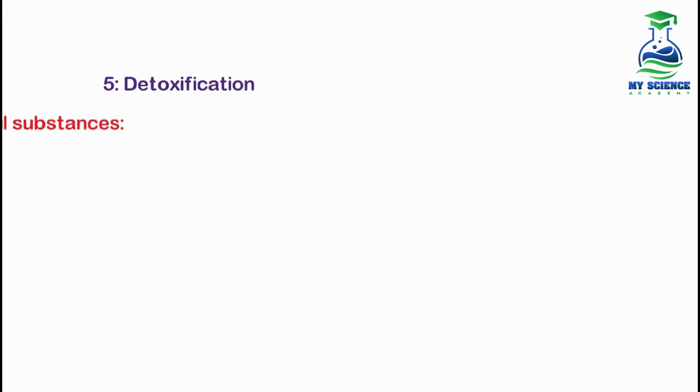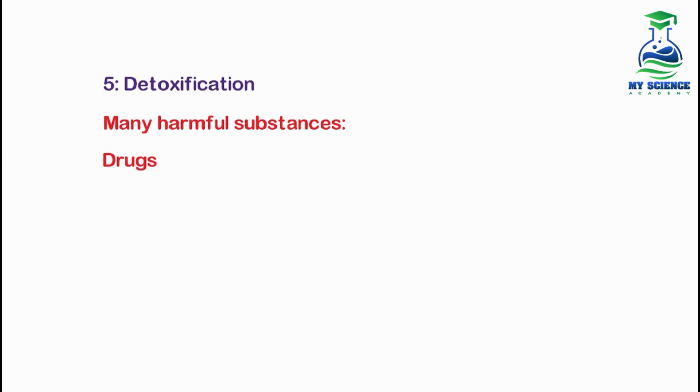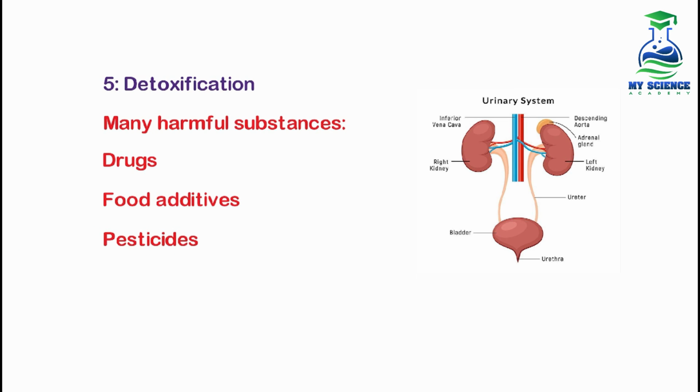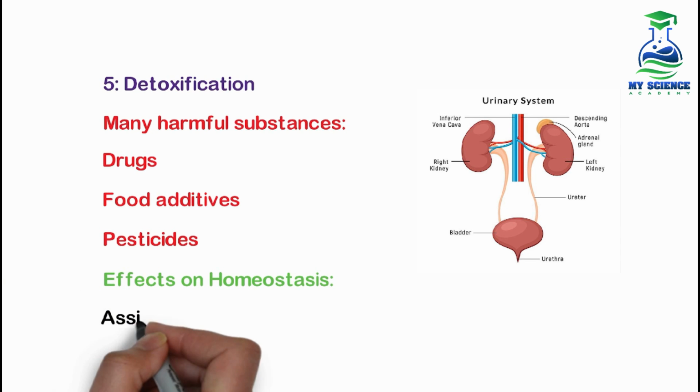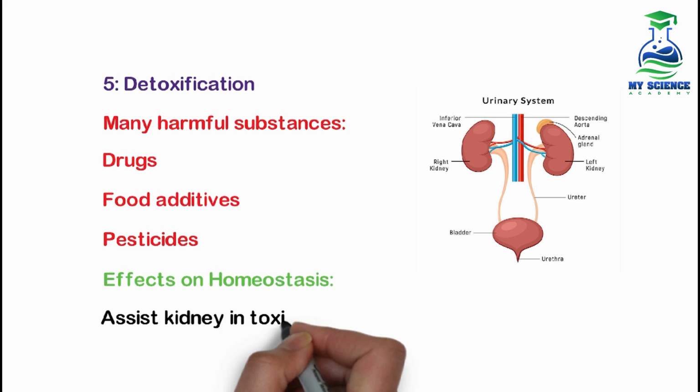Number 5 is the detoxification of many harmful substances like drugs, food additives, pesticides. And how do they affect homeostasis? They assist kidney in toxin disposal.